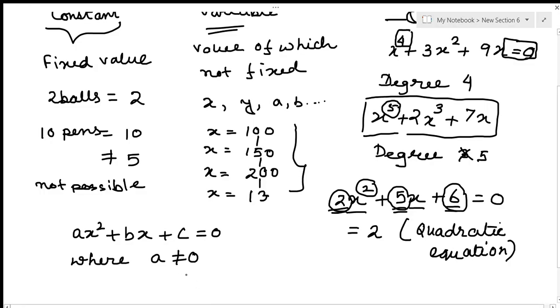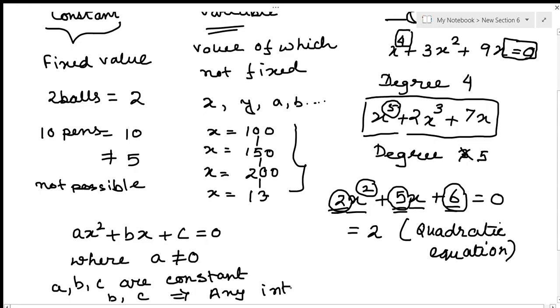b and c are constants. a is also a constant term. But b and c can be any integer. What is the meaning of any integer?